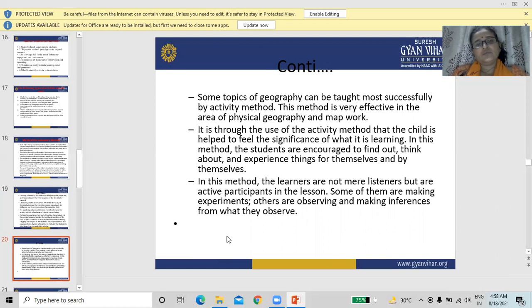It is through the use of the activity method that the child is helped to feel the significance of what it is learning. In this method, the students are encouraged to find out, think about, and experience, think for themselves and by themselves.